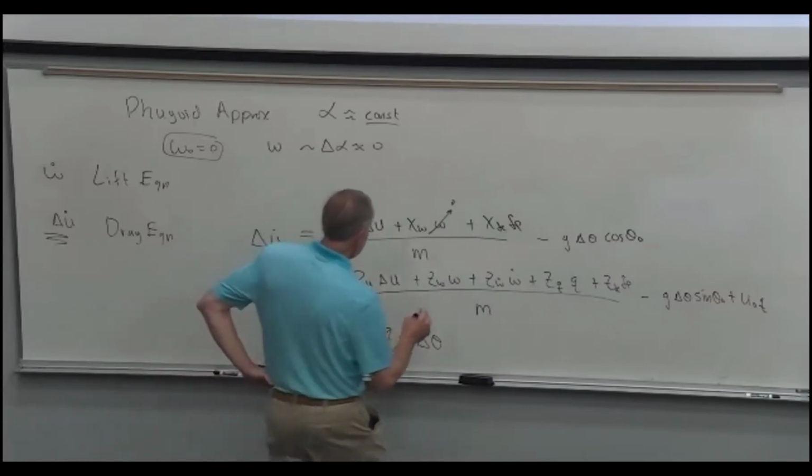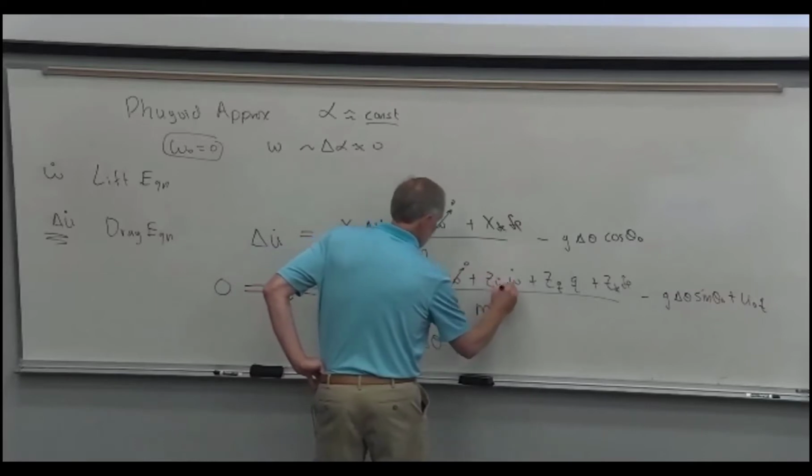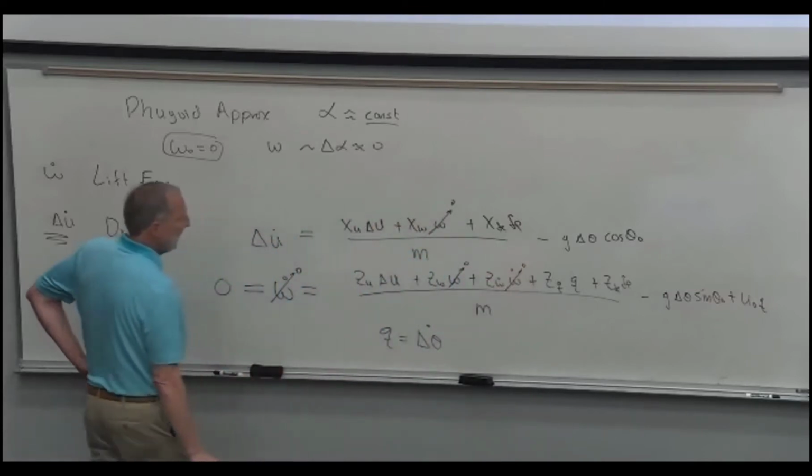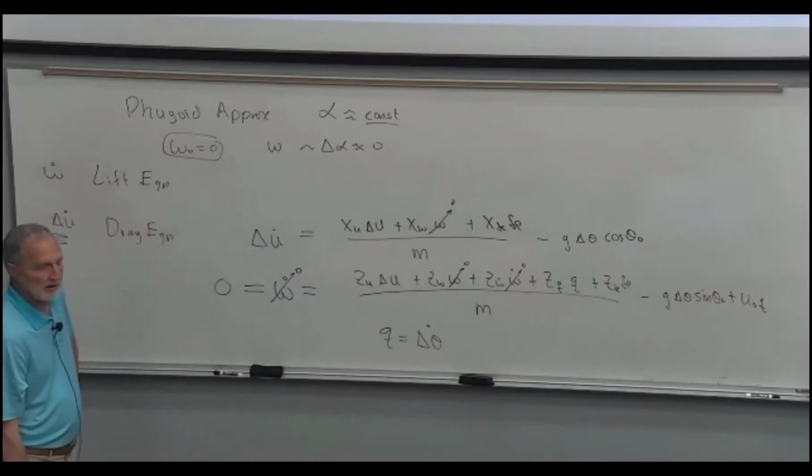And so W is knocked out, so that goes away. That goes away. We're saying those are small, and this is 0. So you can see that simplifies down quite a bit.